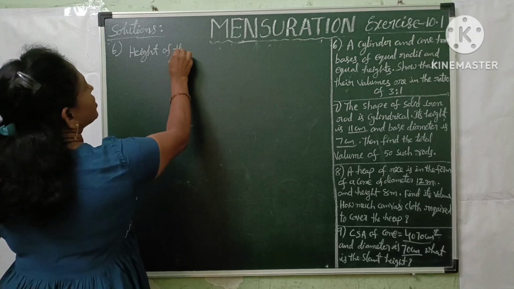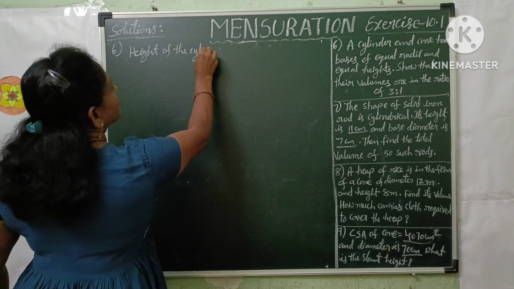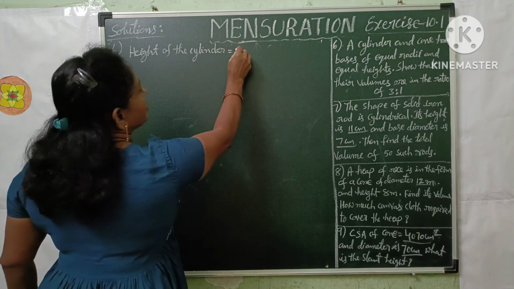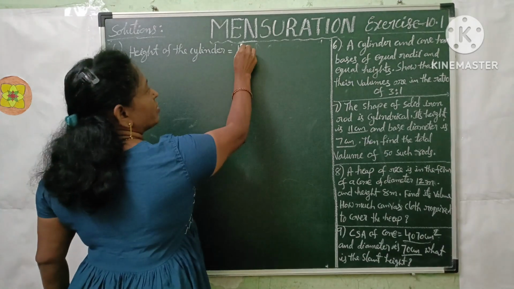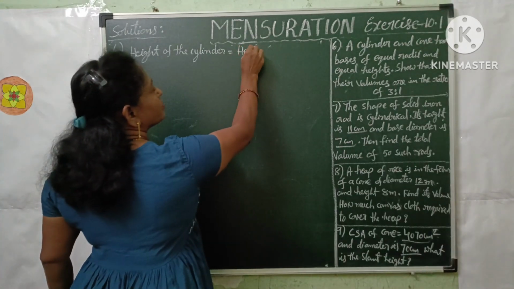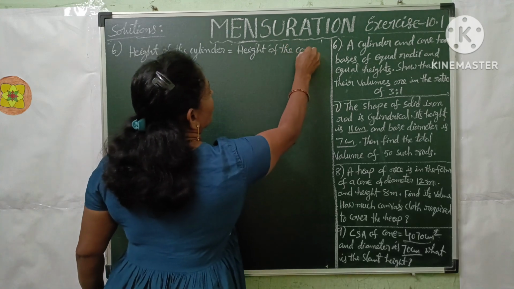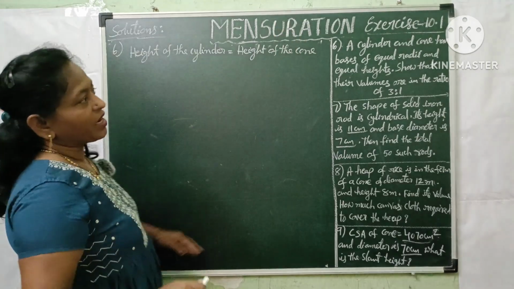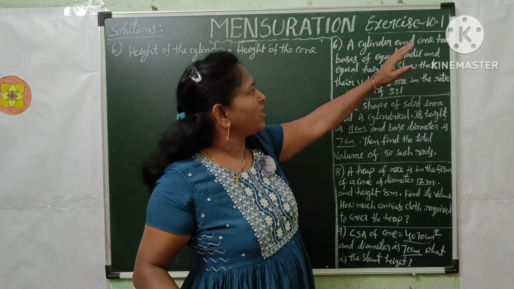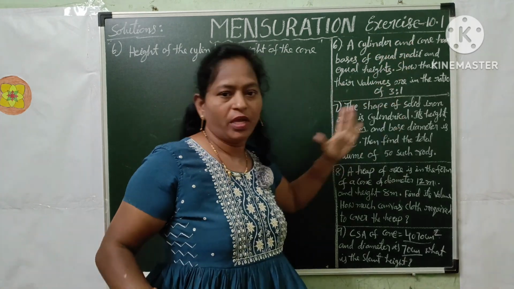So for the sixth one, the height of the cylinder is equal to the height of the cone, and the radius of both are equal. Radius equal, heights also equal.